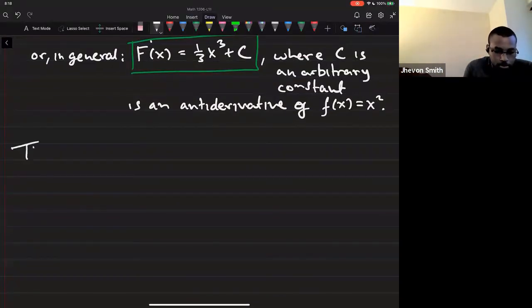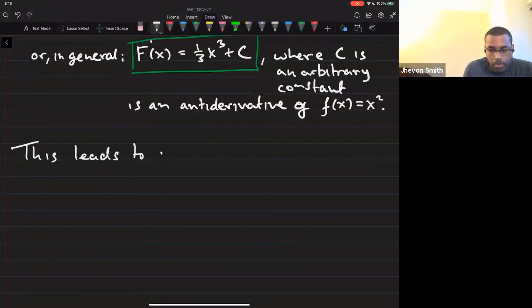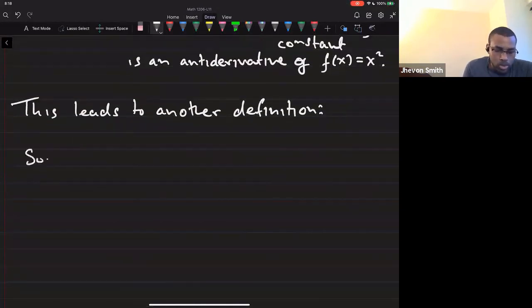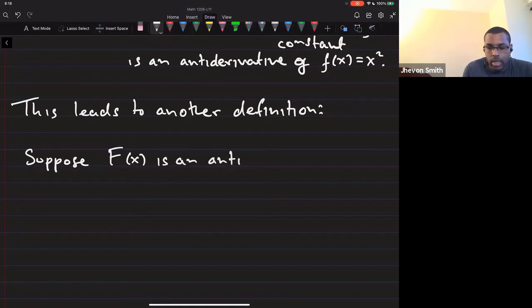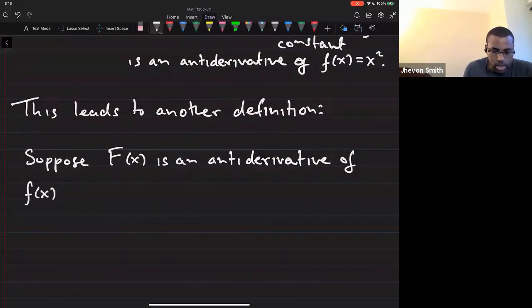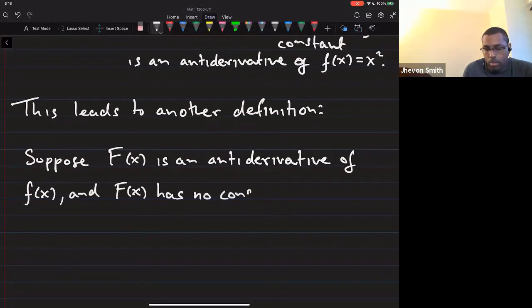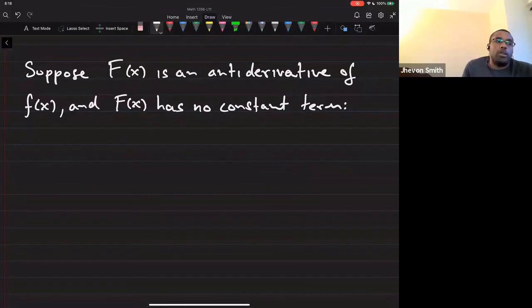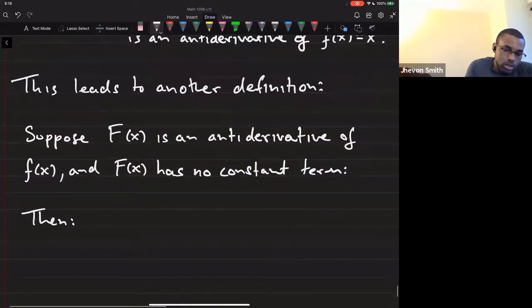So suppose big F of x is an antiderivative of little f of x, and big F of x has no constant term. Right?